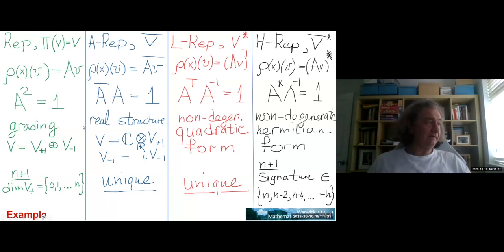And here you're going to get a grading, and there are n+1 possible gradings on a vector space. And here you get a symmetric Hermitian form, and there are n+1 possible signatures. So that's the key to understanding what's going to happen later. Any questions on this slide?